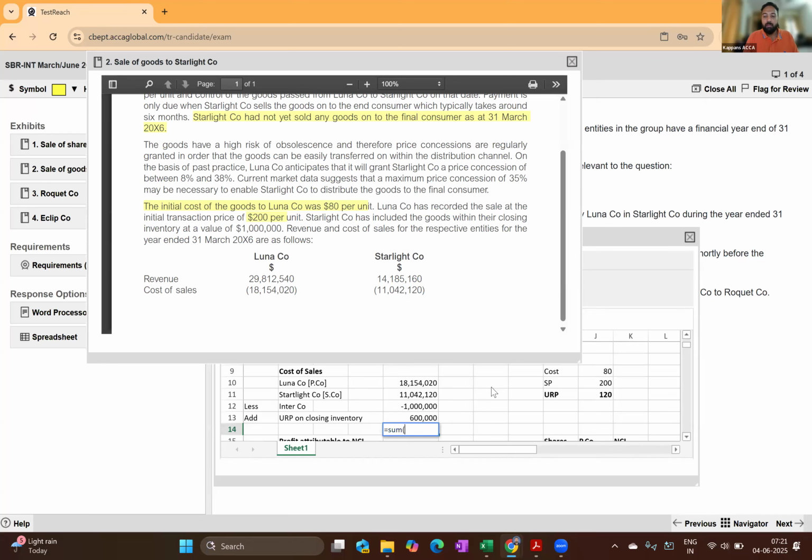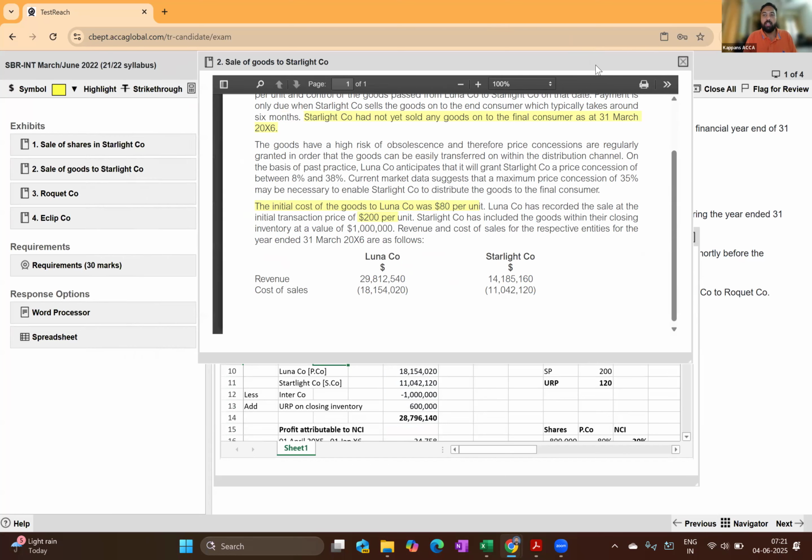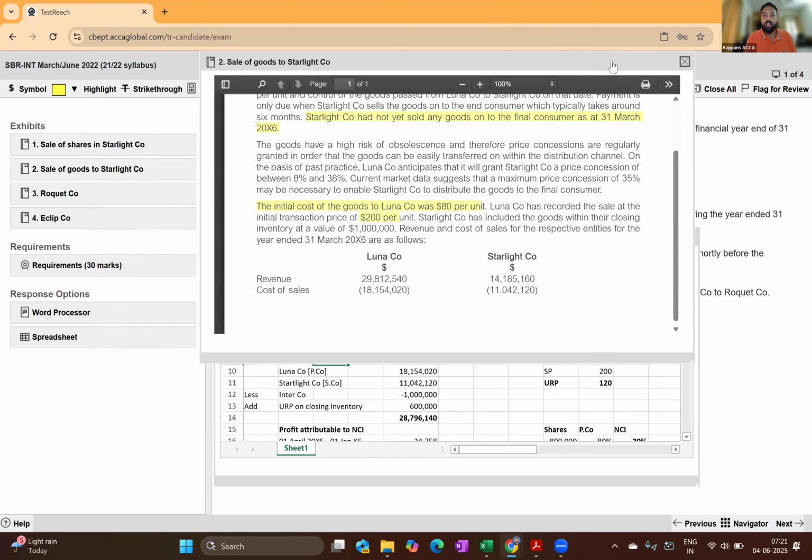So summing this: parent company cost of sales 18,154,020, subsidiary company cost of sales 11,042,120, intercompany purchase 1 million which has to be deducted, and URP on closing inventory which should be added, 600,000. Summing it, it's 28,796,160 is the cost of sales.